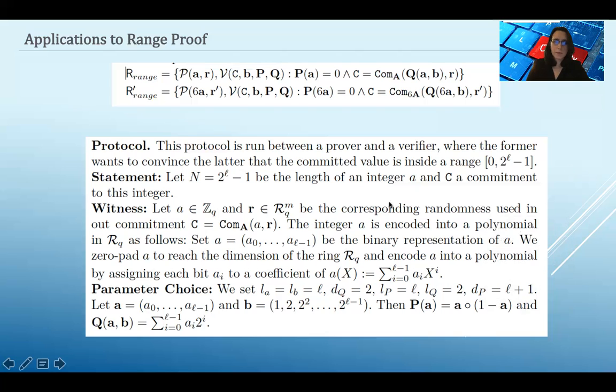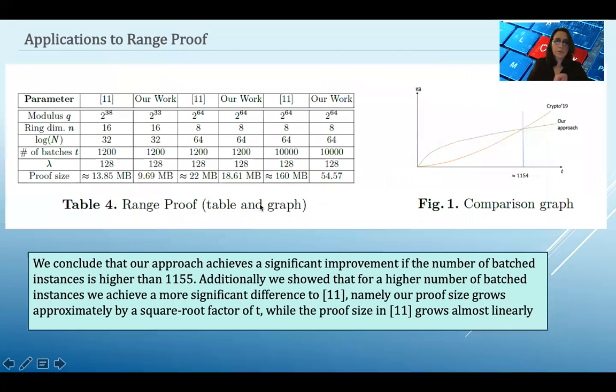And since I'm already out of time, I only want to present the results of the range proof which we constructed using our batch polynomial evaluation protocol. This has been compared with the Crypto paper from 2019, and you can find the reference in the paper.